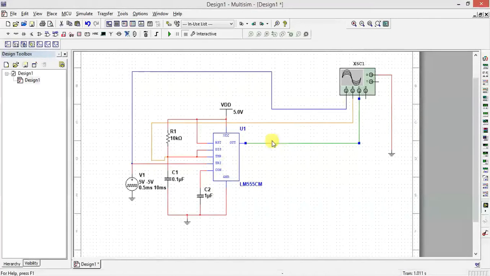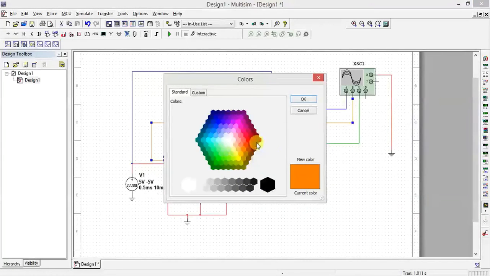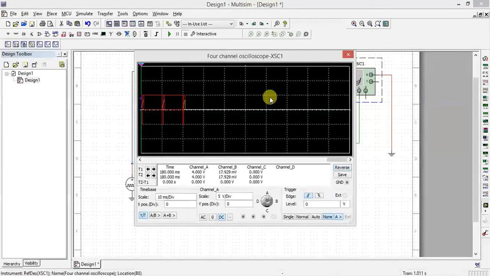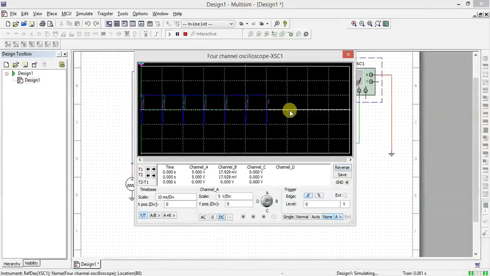Then I'll give the capacitor voltage another color, some blue pink color. Now run this and double click on this. So the three different colors are coming.